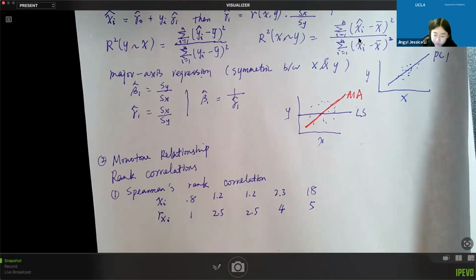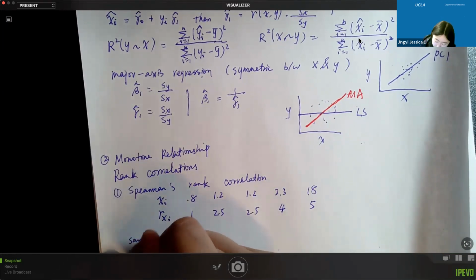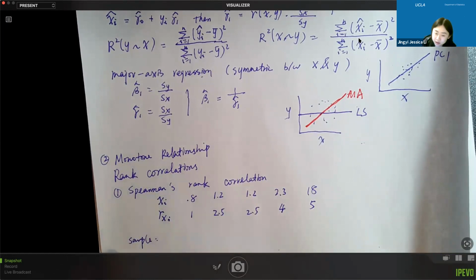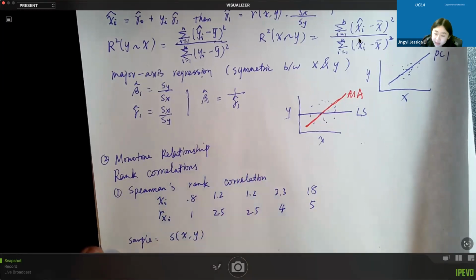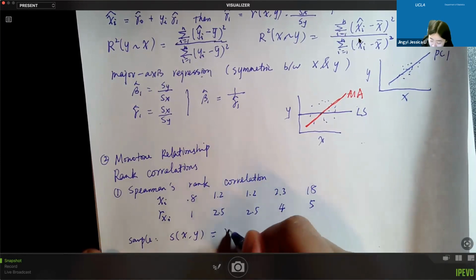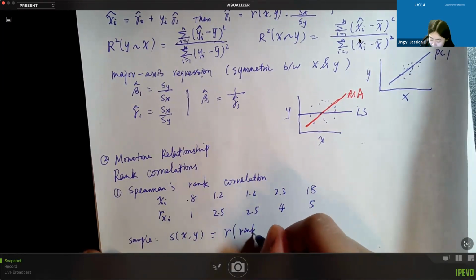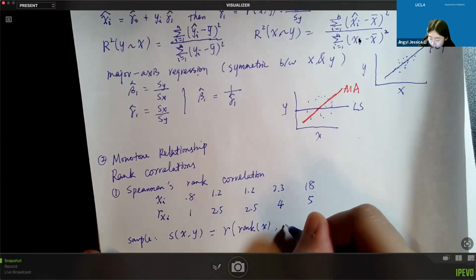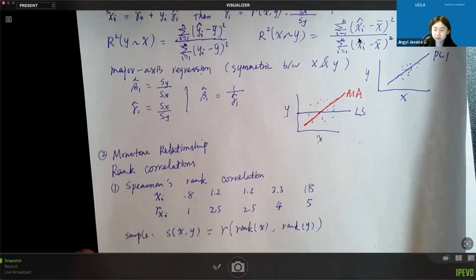And then for the sample Spearman correlation, we're going to define S of lowercase x and y just as equal to the Pearson correlation of the rank of x and the rank of y. So that's just a very simple definition.